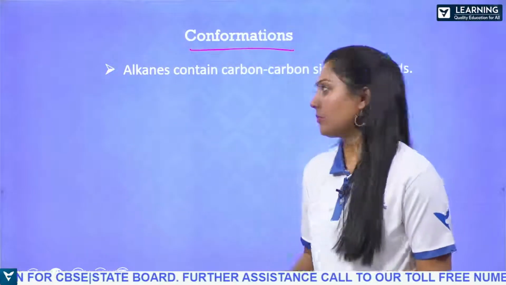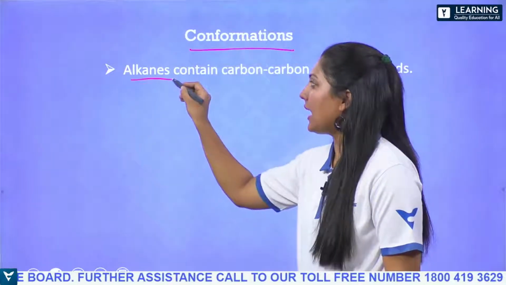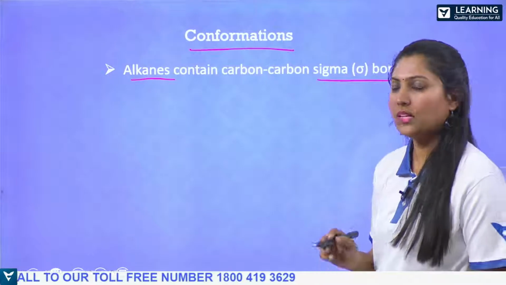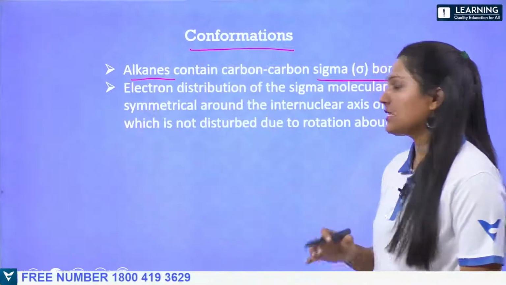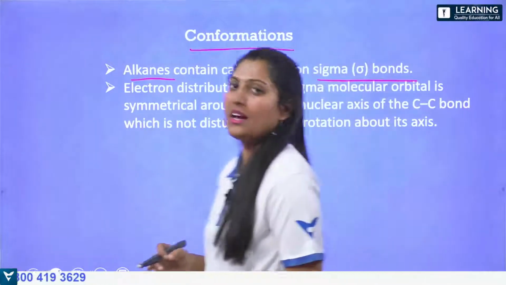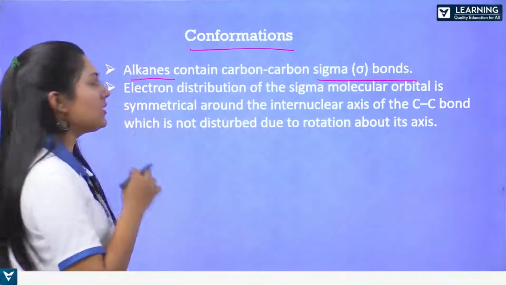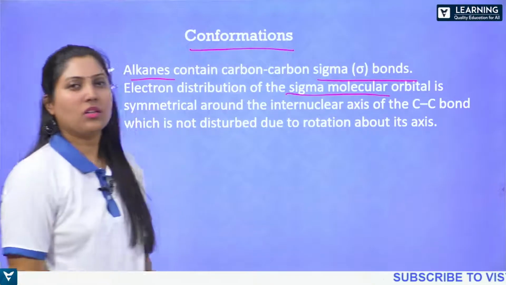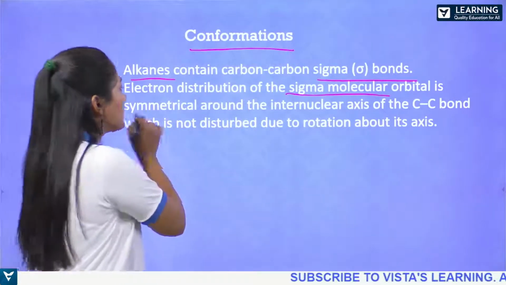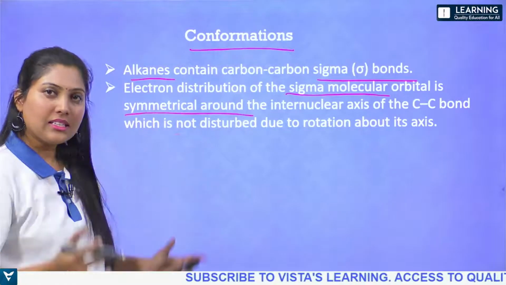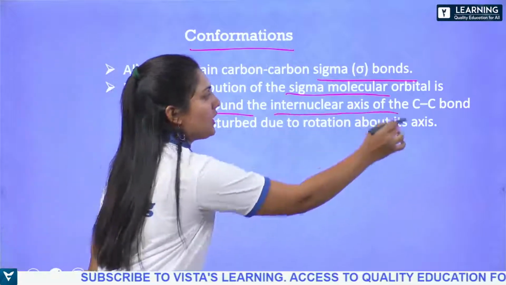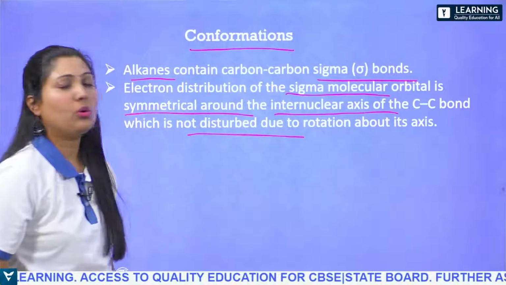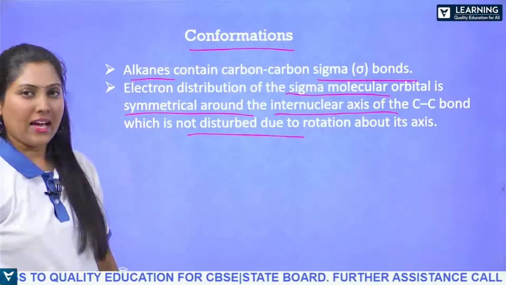What are these conformations? As you see, alkanes contain carbon-carbon sigma bonds. You can see these carbon-carbon sigma bonds will be present in the alkenes too. The electron distribution of these sigma molecular orbitals is symmetrical around the internuclear axis of the carbon-carbon single bond, which is not disturbed due to rotation about its axis.